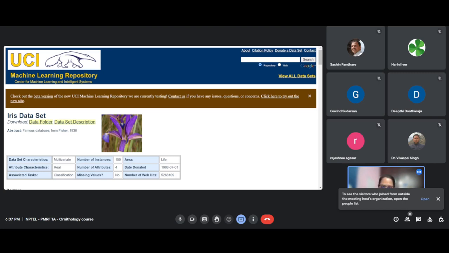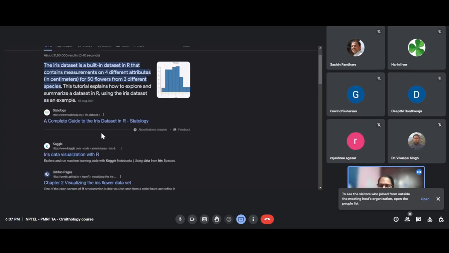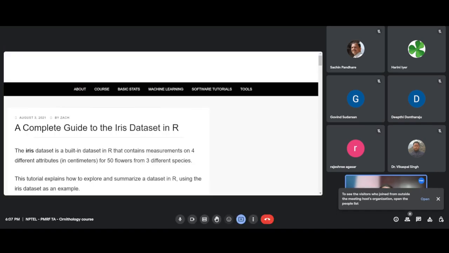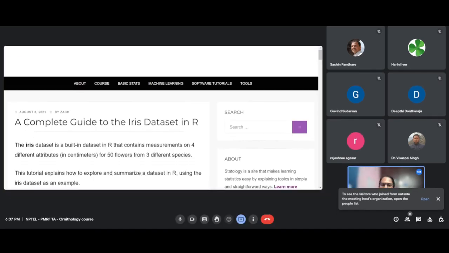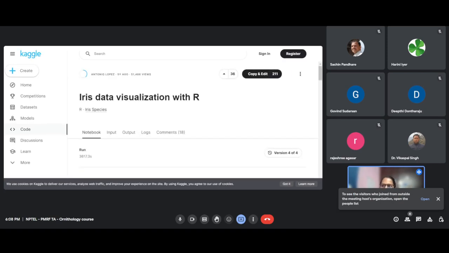Iris data set visualization in R. R is a programming language. Have you heard of this programming language known as R?